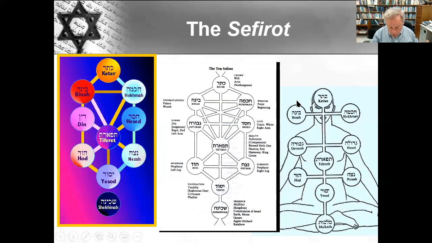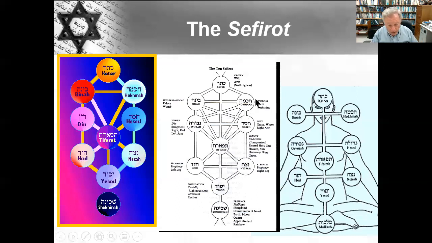And this begins with Chachma. And I don't know how well you can see this, but Chachma, which means wisdom, has a point. And in that text that we just read, it's called Reshit, or beginning. So the understanding here is the beginning of the universe is a point. And if you're thinking sperm, you're thinking along these same lines. There's a lot of sexuality associated with the Kabbalah.